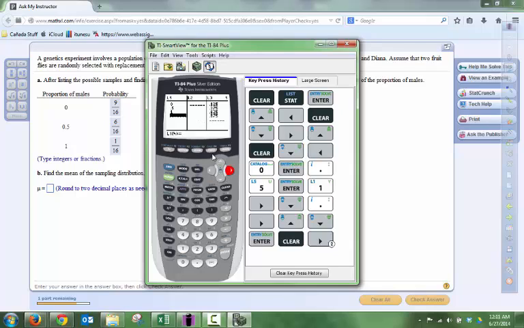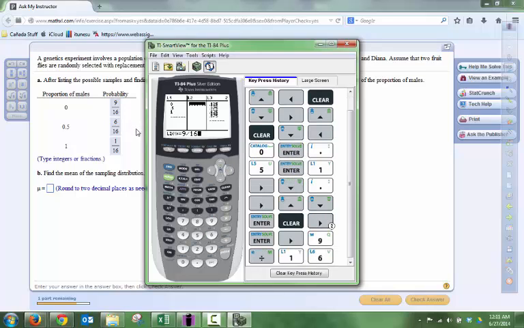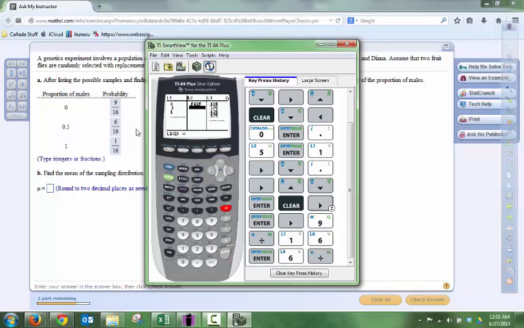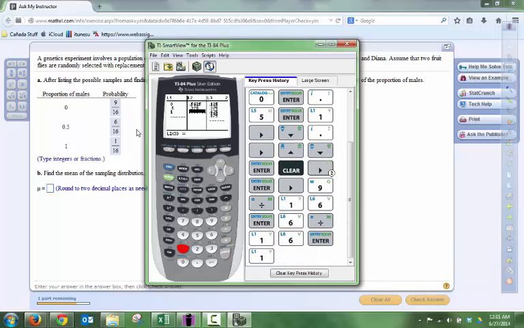For my second list, or my list in L2, I have 9 divided by 16, and 6 divided by 16, and then 1 divided by 16.